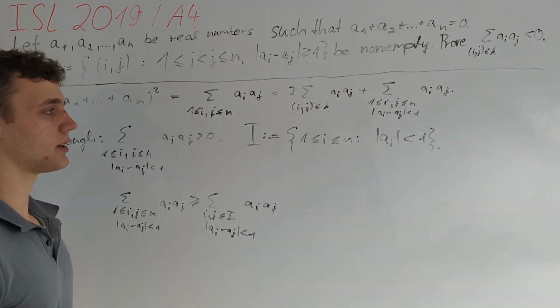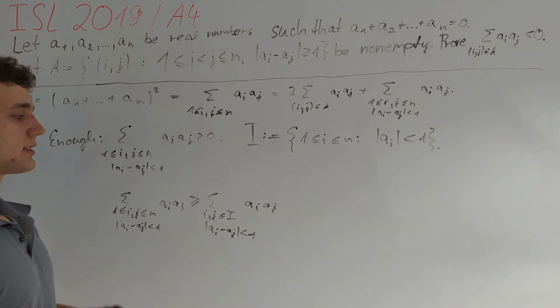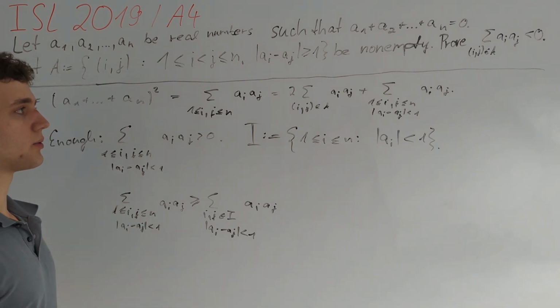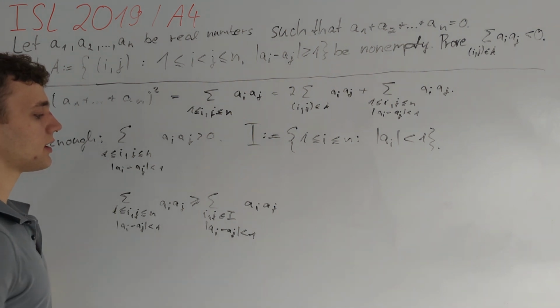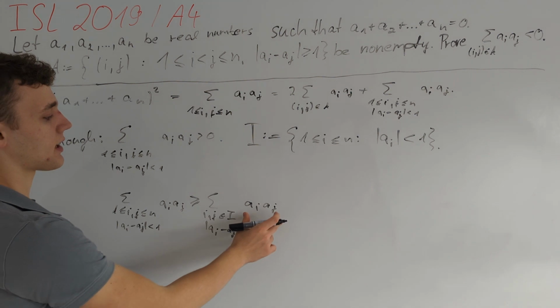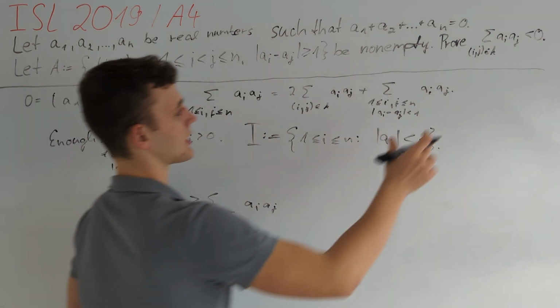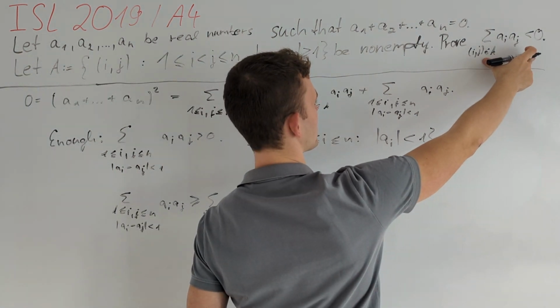Now, at this point, it makes sense to translate our point of view back to where we are considering those ai's and aj's that are far apart, because all of those ai aj's must have a negative product, which is exactly in the direction that we in the end want to prove.